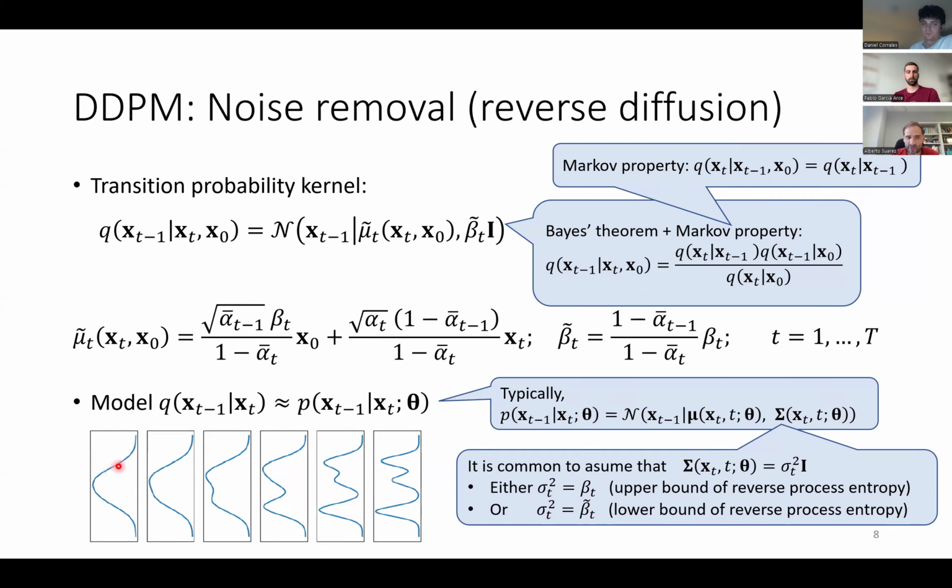So let's say one of these images that you may have generated, maybe go to that image, to that image, to that image, and you hope that you end up in one of the high probability points here. So you start at the mode, and you expect that you end up at one of the modes. That would be the idea. It's true that it's a noisy dynamic, so you don't need to end up at one of the modes. But if you start here, you will end up somewhere with high probability. That's the idea.